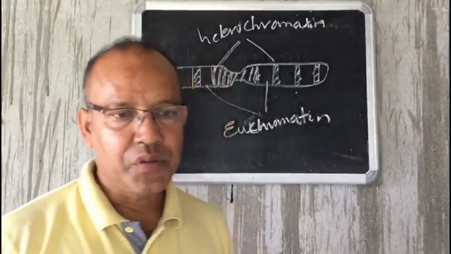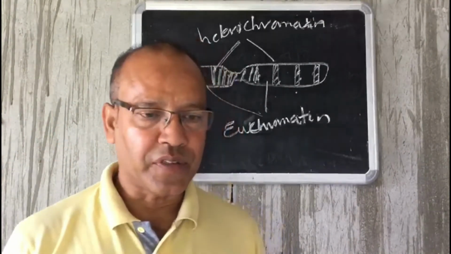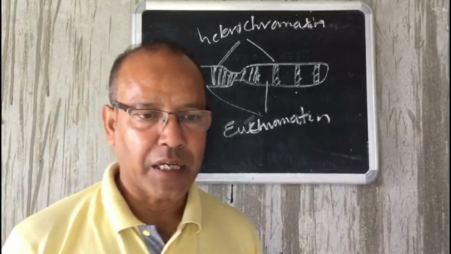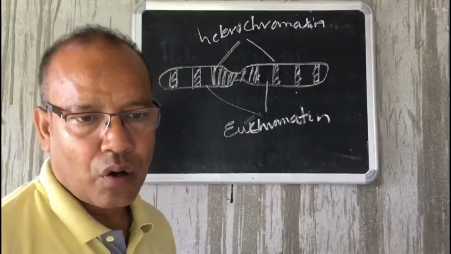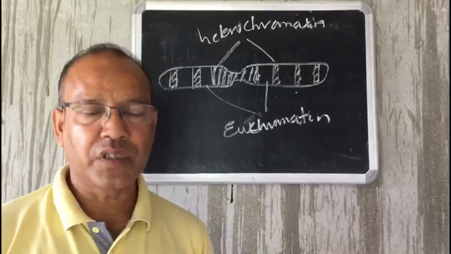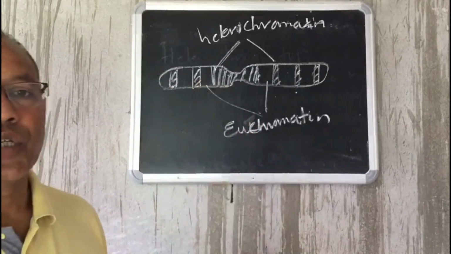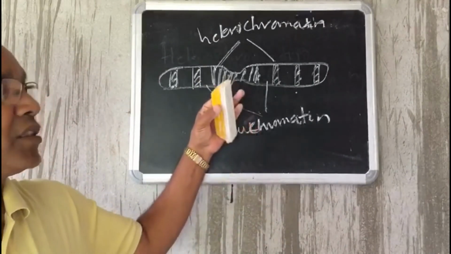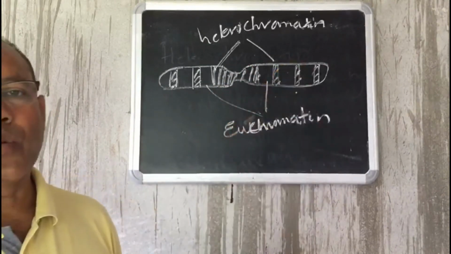Heterochromatin and euchromatin. Now, heterochromatin can be of two different types: constitutive type and facultative type. In the constitutive type, this heterochromatin is always present on the chromosome. It remains as a part of the chromosome. That means this heterochromatin, which is the genetically inactive part of the chromosome, remains with the chromosome always.